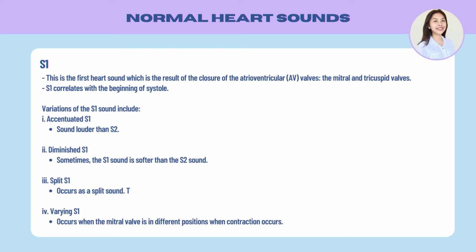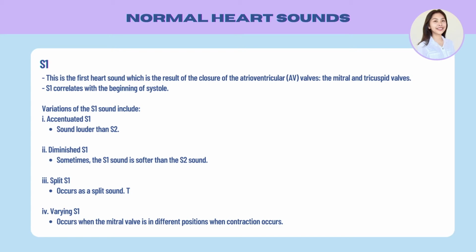It occurs when the mitral valve is not fully open at the time of ventricular contraction and valve closing. Examples for diminished S1 include delayed conduction from the atria to the ventricles, mitral insufficiency, and delayed or diminished ventricular contraction.